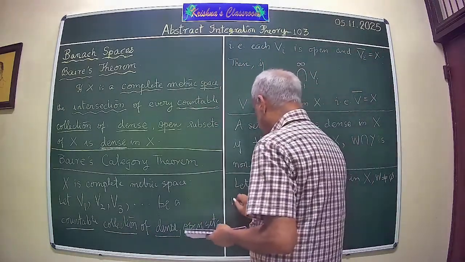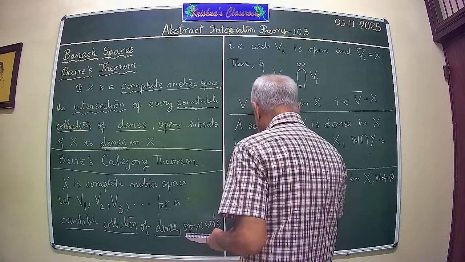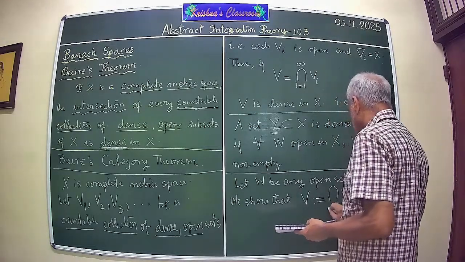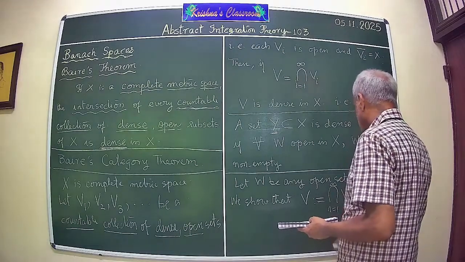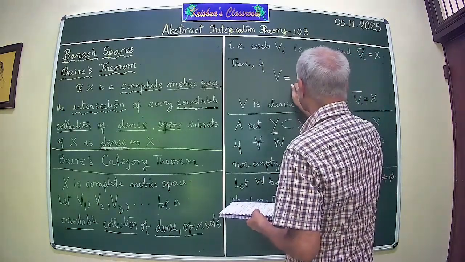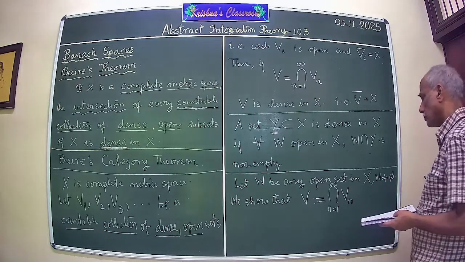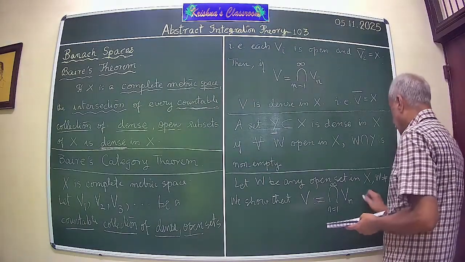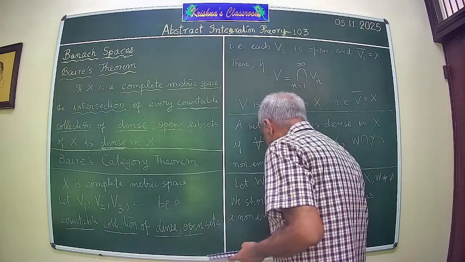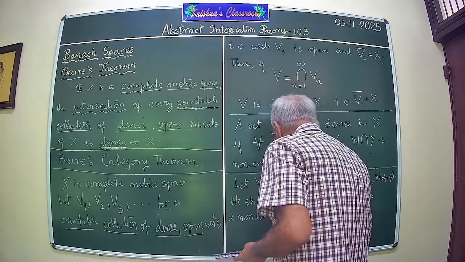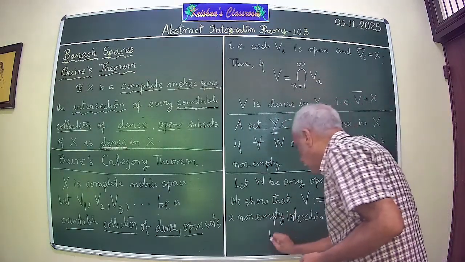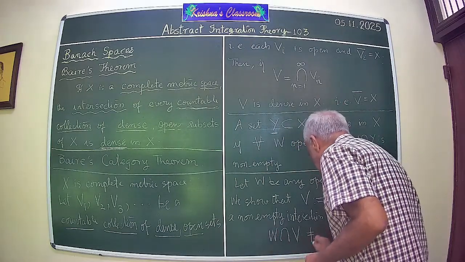Then we show that V, the intersection of the Vi, has a non-empty intersection with W. That is, W intersection V is non-empty.